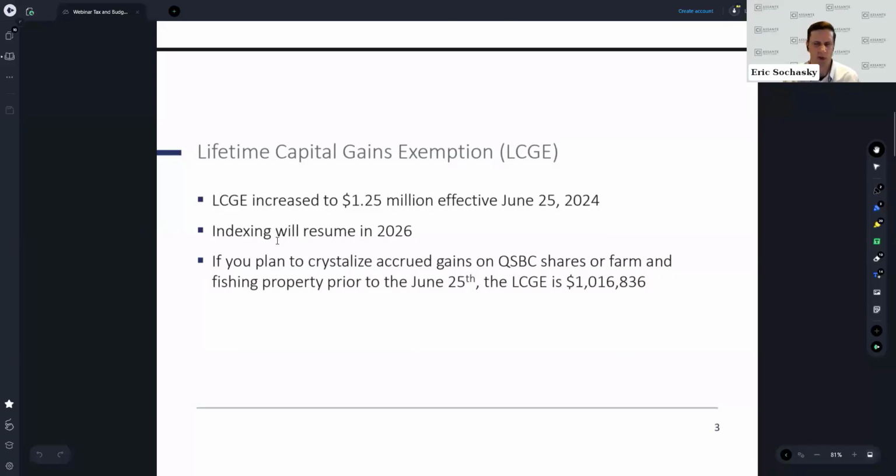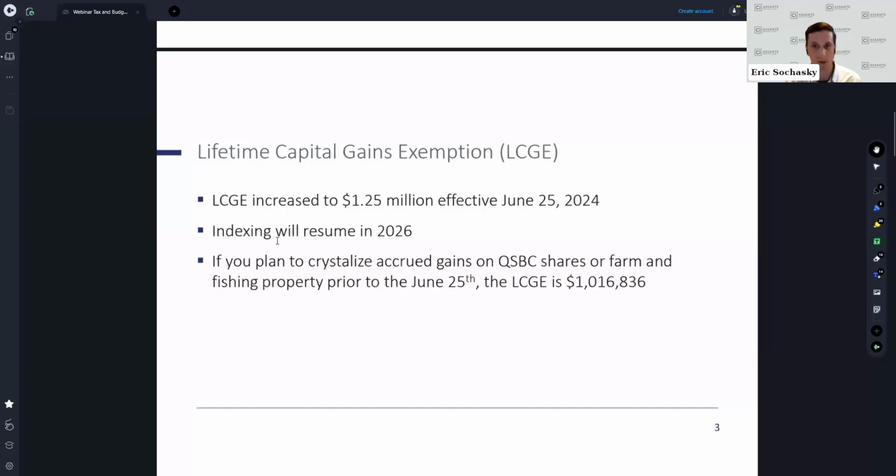Not a big change here, and one that's kind of expected, especially with the inclusion rate going up for capital gains. But the lifetime capital gains exemption, which is currently about $1 million, is increasing to 1.25 million. If you're not aware, just explaining what this is: each individual is entitled to up to 1.25 million of capital gains exemption, meaning that portion of capital gains can be tax-free on the sale of certain qualified farm property, family farm corporation shares, or qualified small business corporation shares.